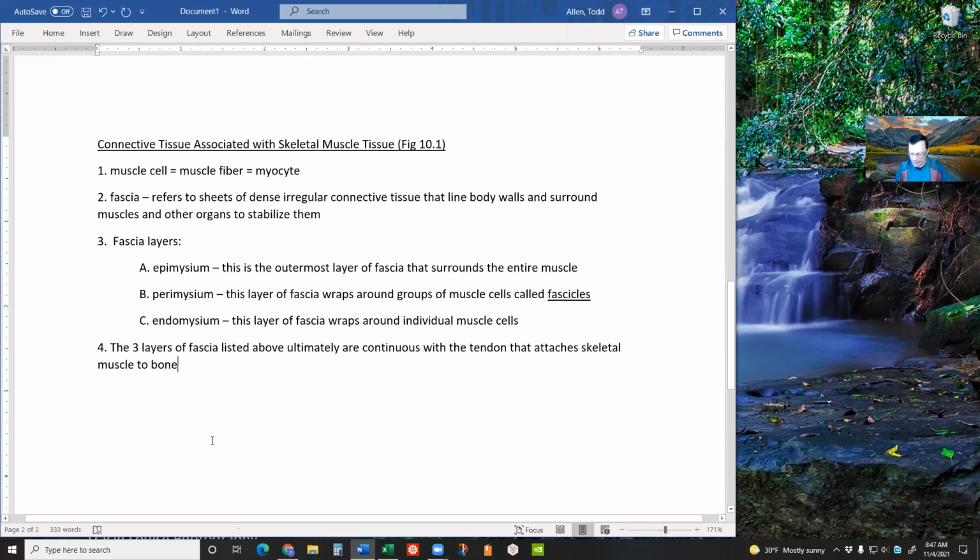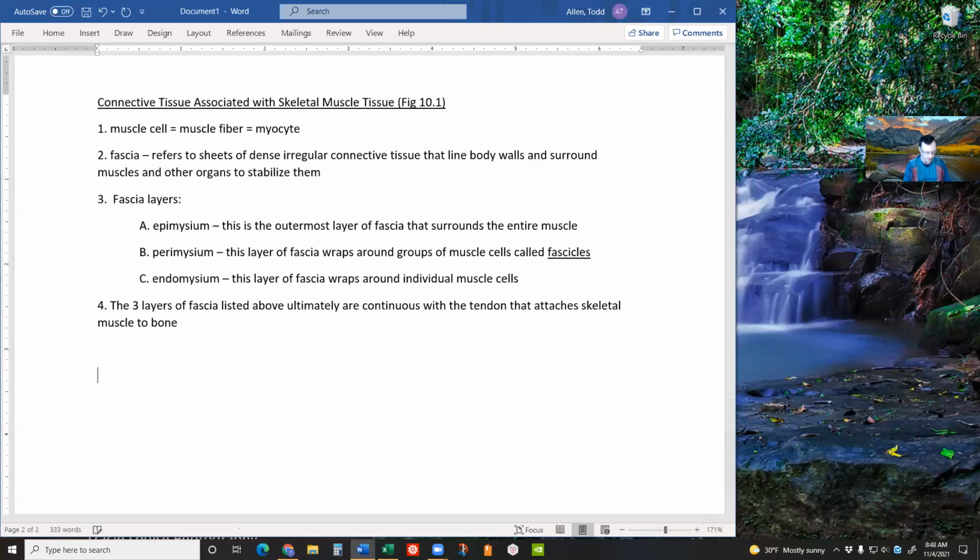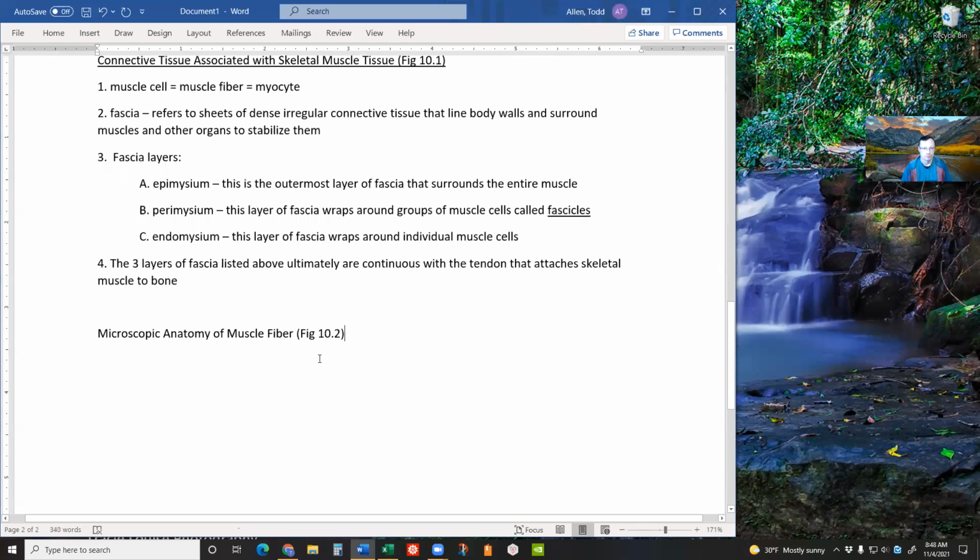Before we go any further, we need to talk about some microscopic anatomy of muscle fiber. So I'm going to turn the page and take a look at figure 10.2. All right, you know that skeletal muscle fibers are multinucleated.